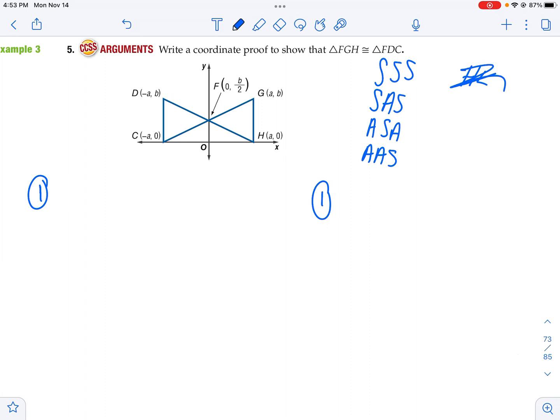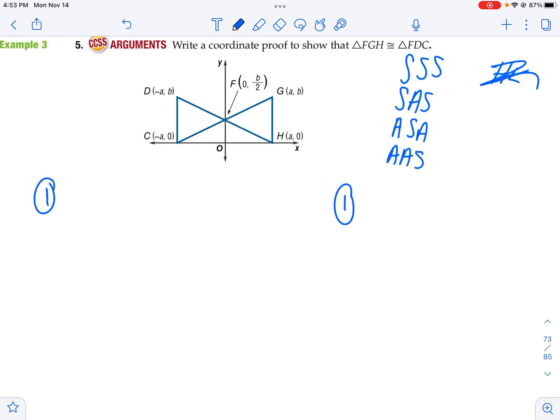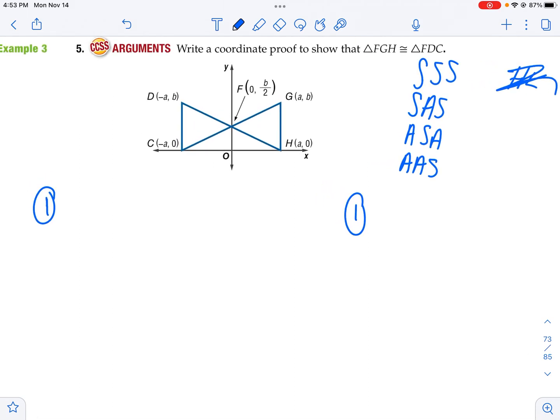We would start with our given statements. So I would start with, let D be negative A, comma B. I would let C be negative A, comma 0.